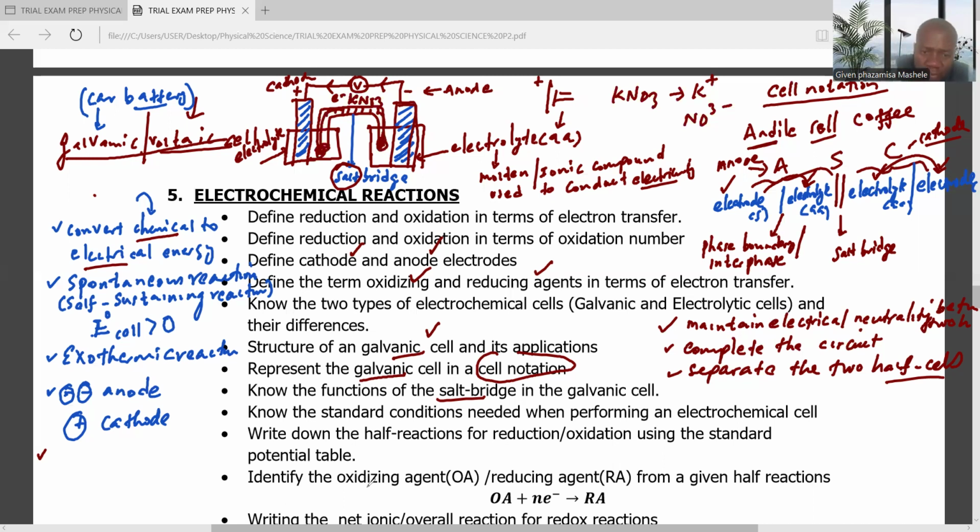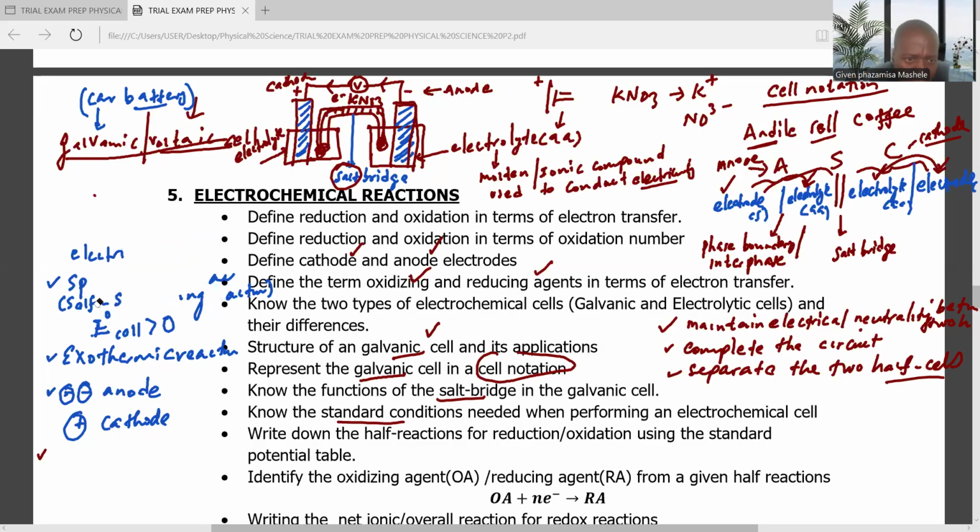And again, you need to know the standard conditions needed when you are performing an electrochemical cell. These are very important. Sometimes in the exam they ask what standard conditions are needed when performing an electrochemical cell, whether galvanic or electrolytic.